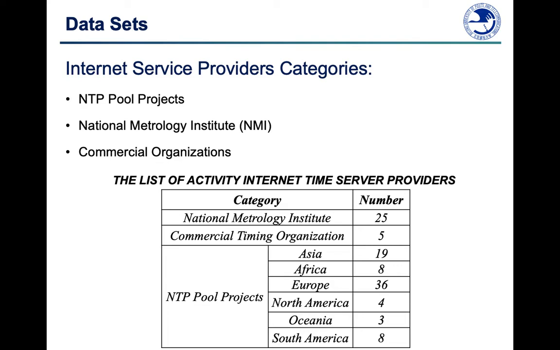Through deleting the time service providers which do not respond to the NTP request, we receive the list of 108 time service providers as follows. Since the NTP pool project is of global scope, we divided it into 6 subcategories by geography, and the data collection lasted 115 days.